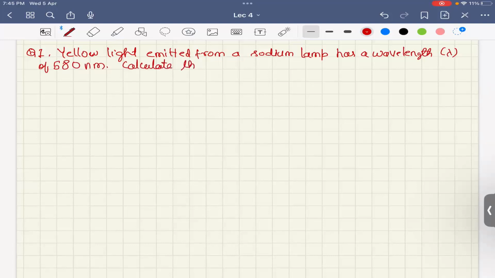Calculate the frequency and wave number of this light.